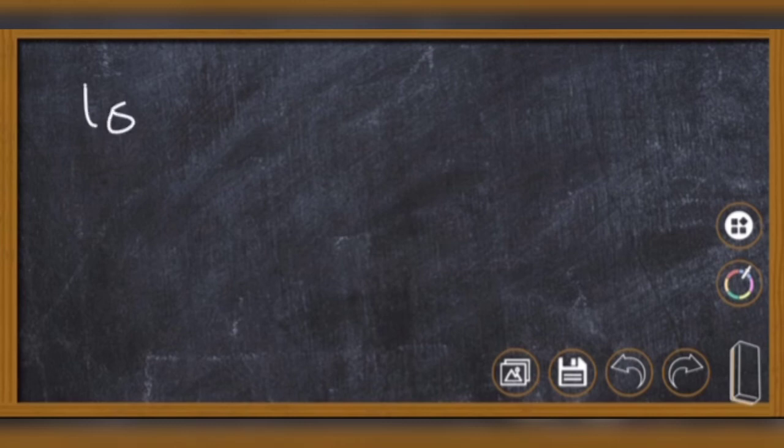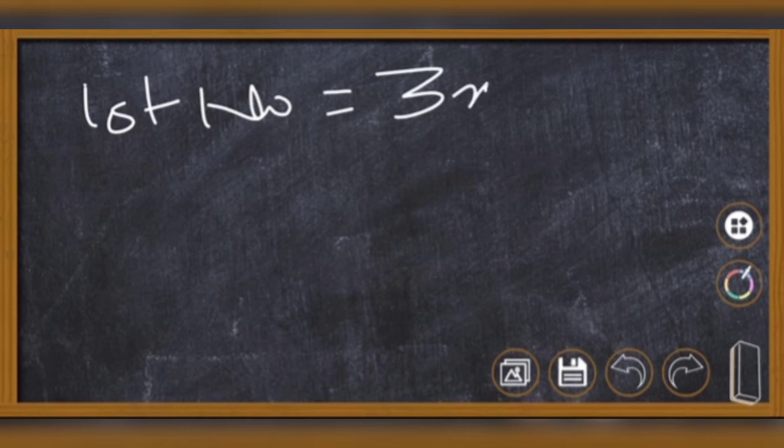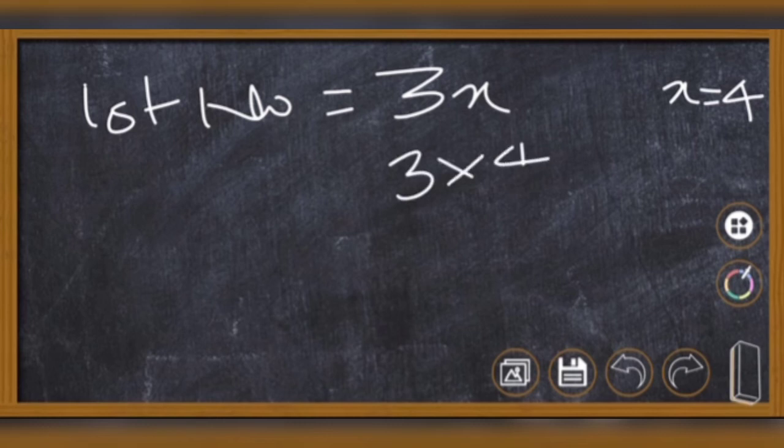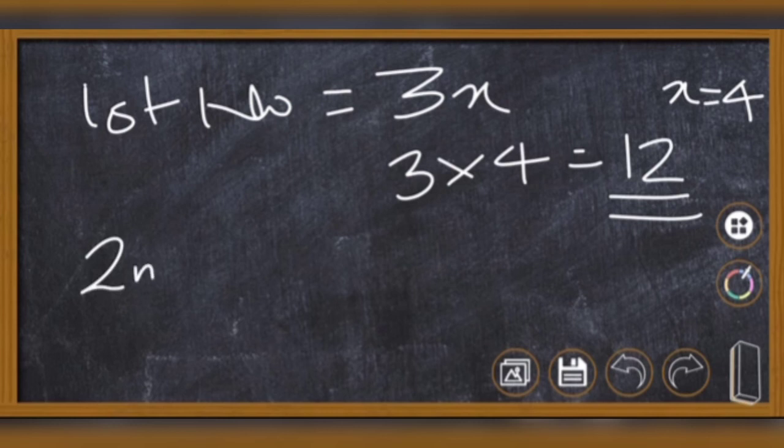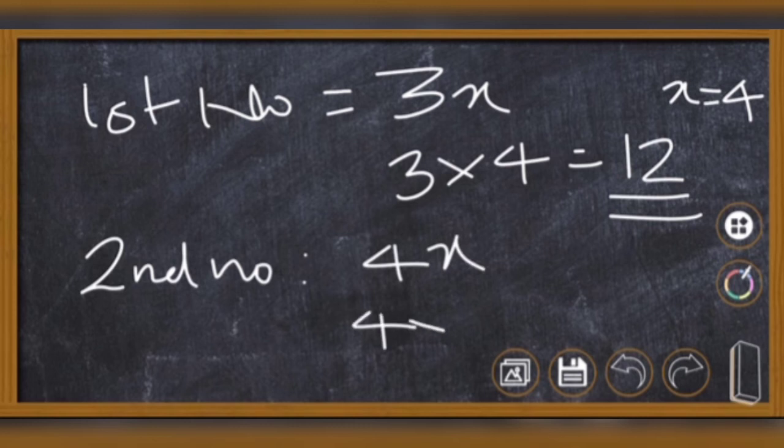So x is 4. The first number will be 3x, so we substitute x is equal to 4. So 3 into 4, that is equal to 12. And the second number is 4x, that is 4 into 4, that gives 16.